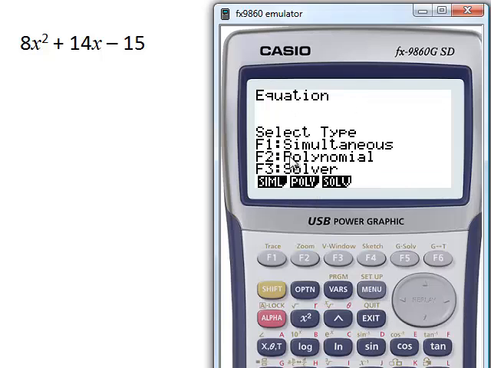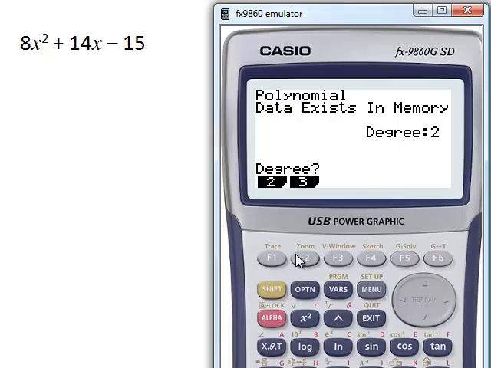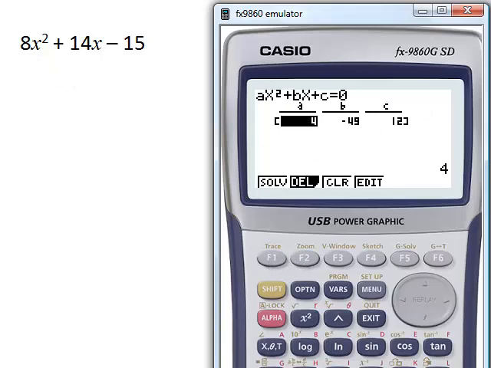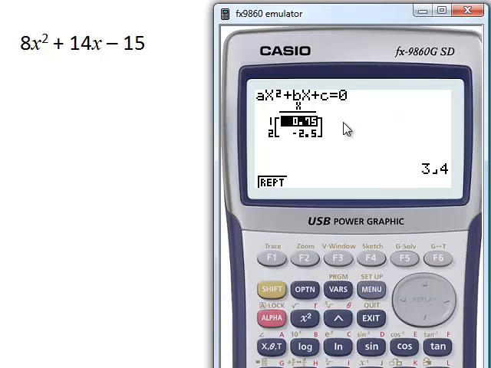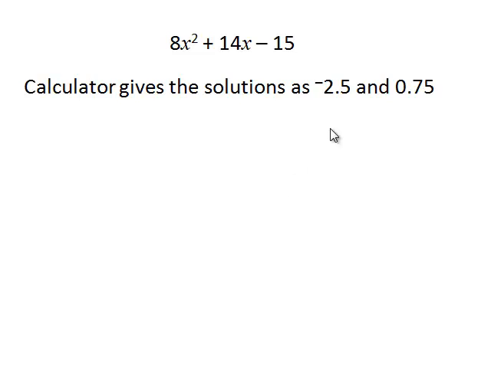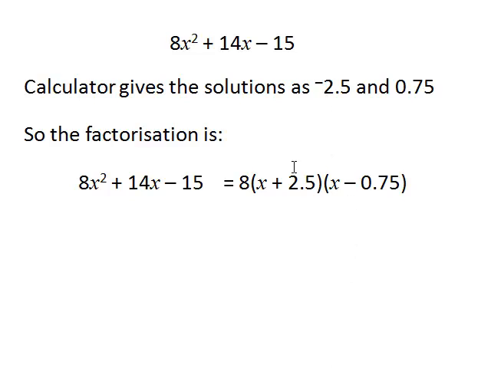Remember where we were. We're in polynomial, degree 2, and we put our coefficients in: 8, 14, minus 15. We solve it, and we have 0.75, 3 quarters, and minus 2.5, minus 5 over 2. So those are our two solutions, and we want to factorise with their negatives.